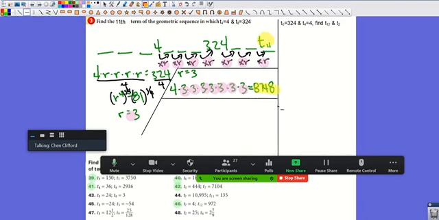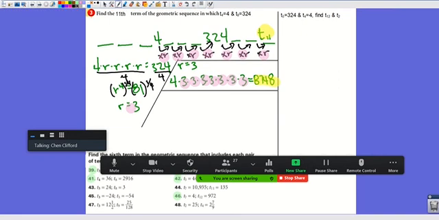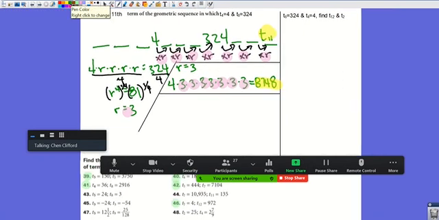Let's try that. So I'm going to go 4 times -3 times -3 times -3 times -3, and let's keep going.